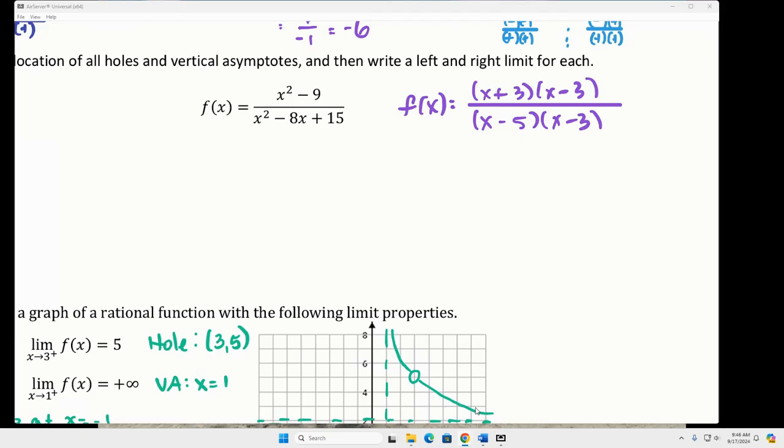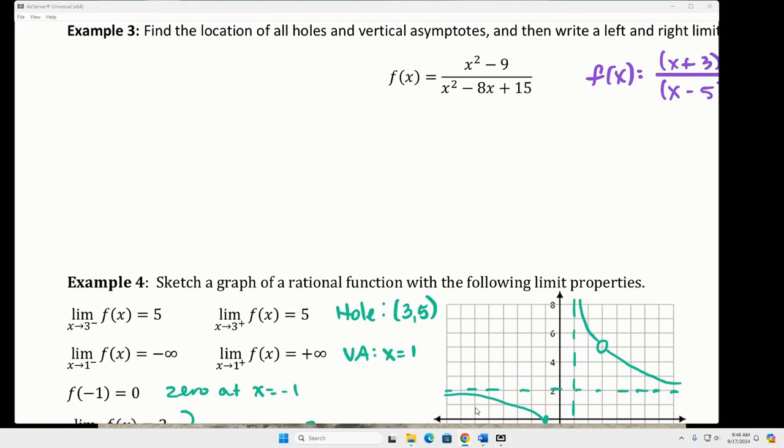All right, does this one have a hole? Yes. So what is the x value of the hole? Yes.